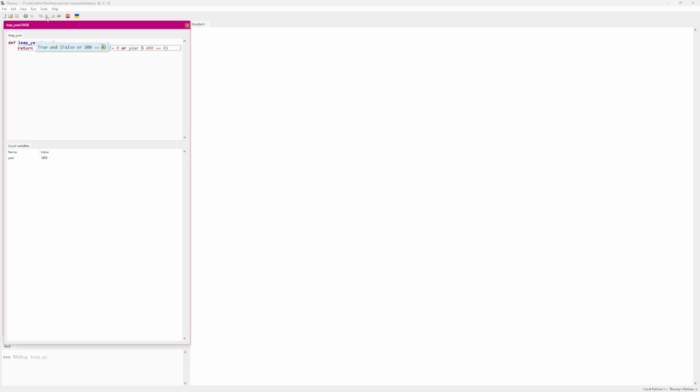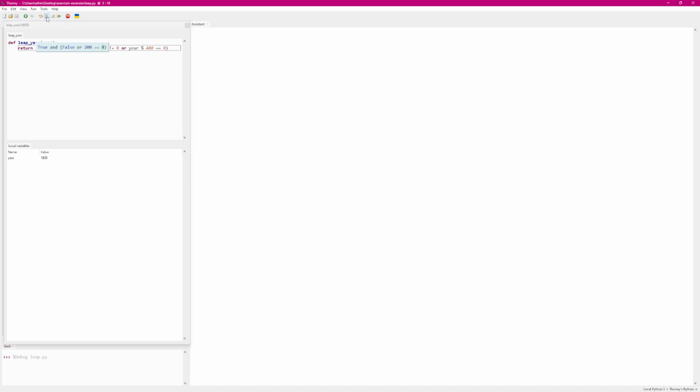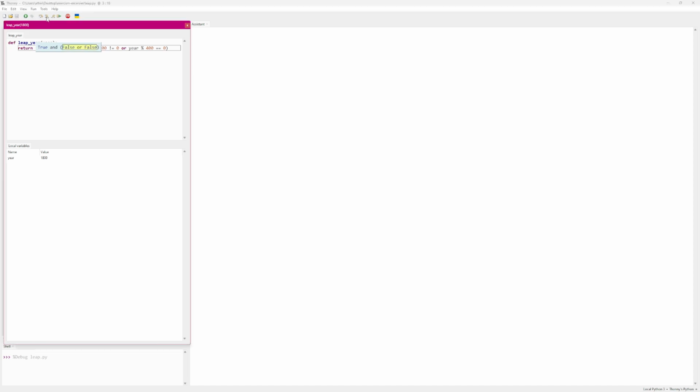And if this is not equal to 0, so it's a false. So it's going to take false because the and means both of them have to be true in order to return true. But since both of them do not return true, it's a false.